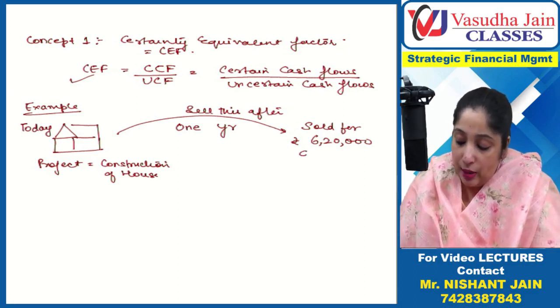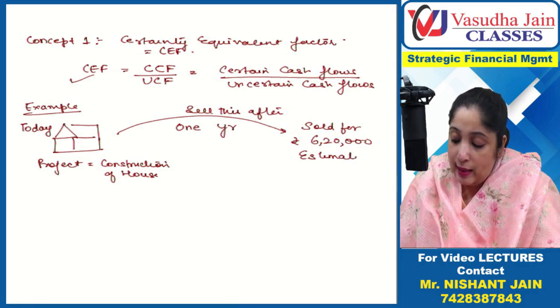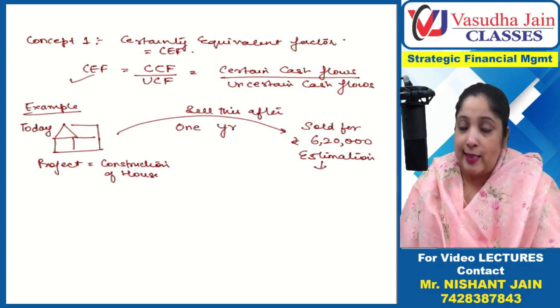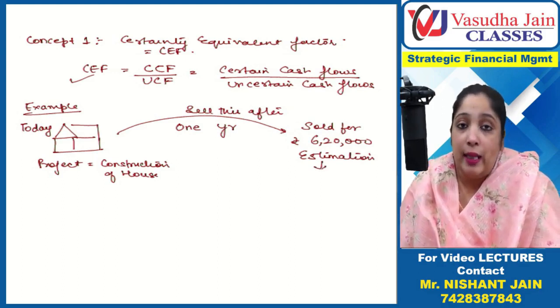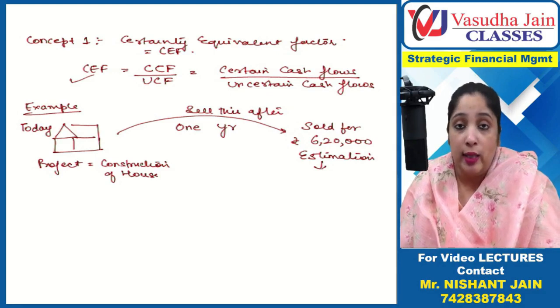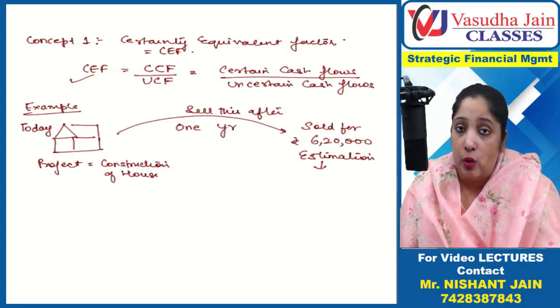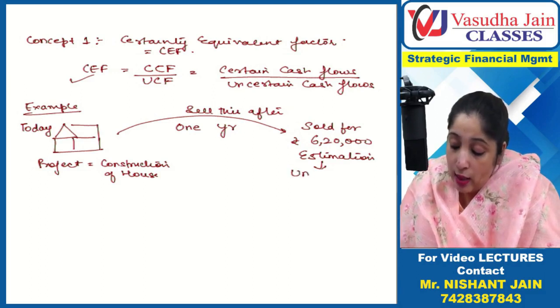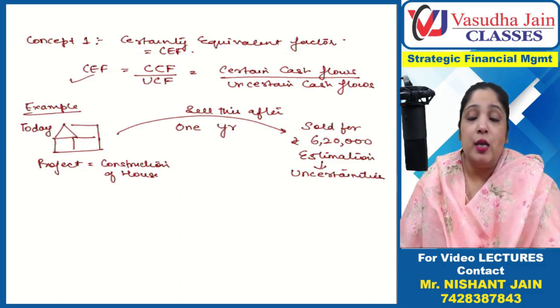Now this is an estimation that I will be getting 6,20,000 rupees after the sale. So now this amount 6,20,000 is not certain. I can get 6,20,000 rupees. I might not get this much amount also after selling this house. So this amount has uncertainties, because future is not certain.